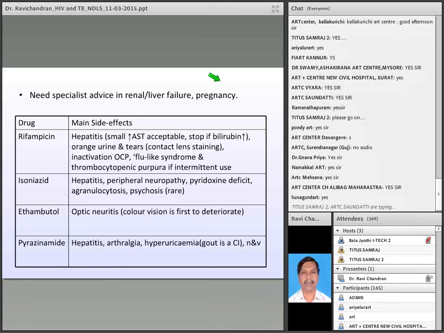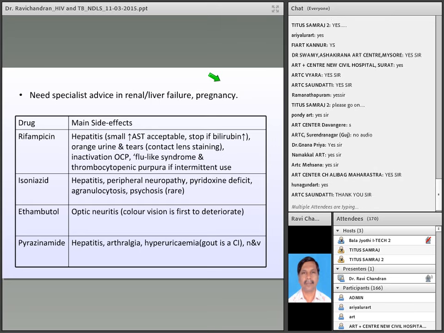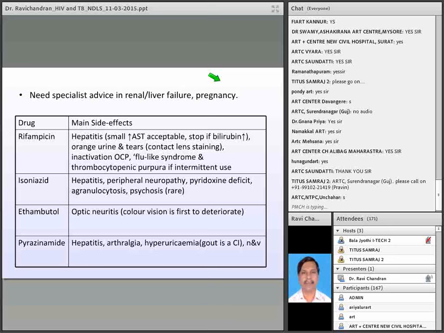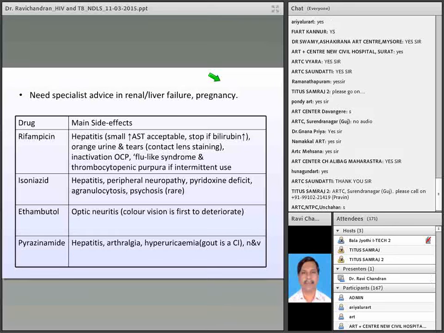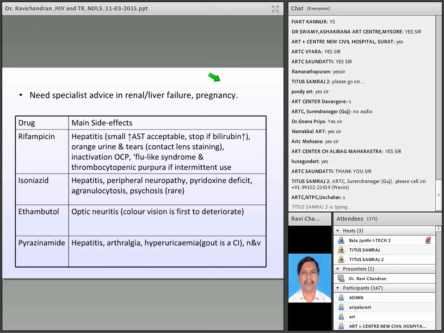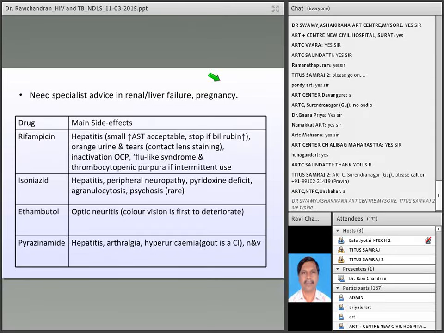So what are the side effects of the anti-tuberculosis drugs? The rifamycin. The commonest side effects are hepatitis. Small elevations in AST are acceptable. Stop if bilirubin also goes up.